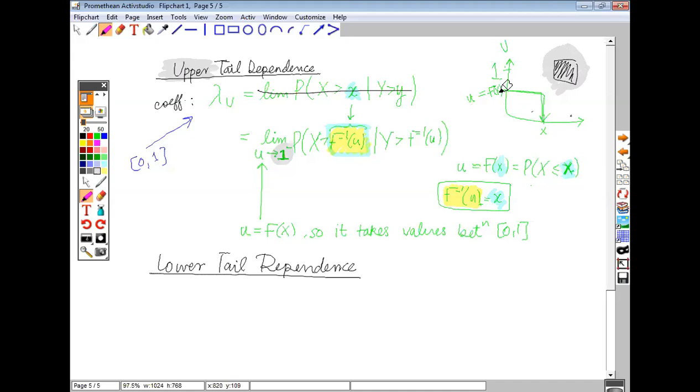It is the value of my CDF, which takes values only from 0 to 1. And whenever I'm talking about upper tail dependence, I'm basically talking about when Isha pays me the money and Anvaya also pays the money. So that happens here, right? So both of my loans will be repaid. And that is what happens here in the upper tail.